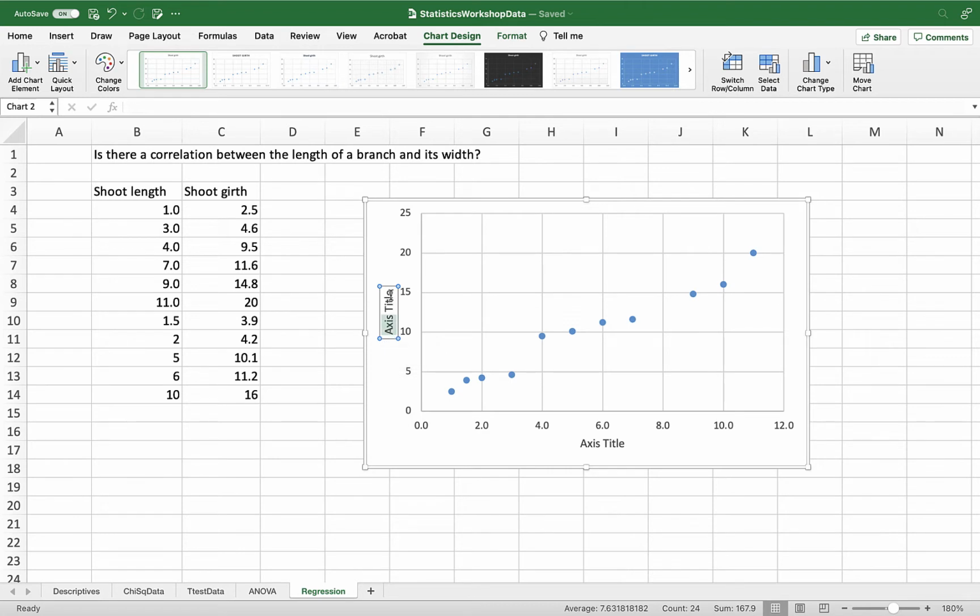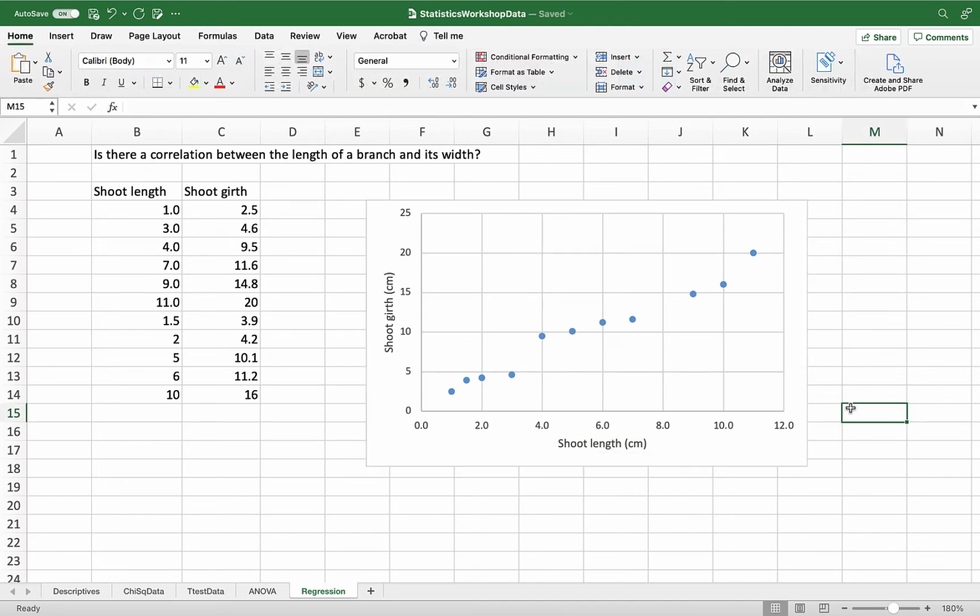So because I'm trying to predict this one, this is going to be the shoot girth. Let's put that in centimeters. And then down here, this is the shoot length, also in centimeters.